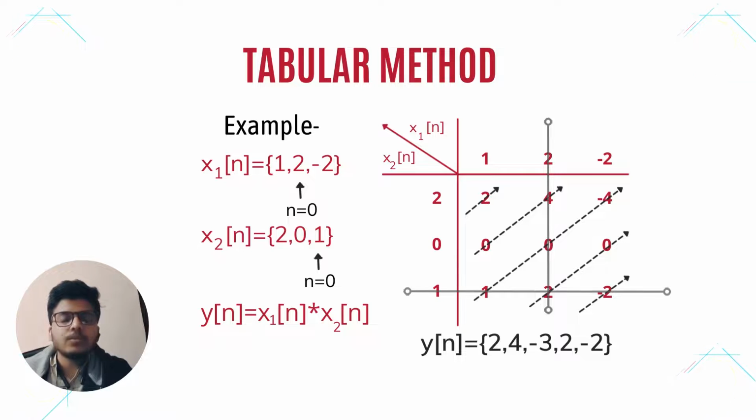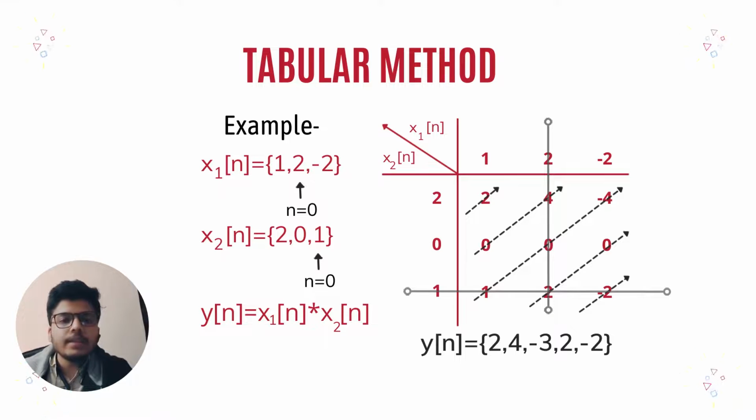Now we can write y[n] by performing addition diagonally. In the first diagonal we have 2 as the single value, so we simply write 2 here, and in the second we have 0 and 4, so we sum them up. 0 plus 4 gives 4, so we have written 4 here.